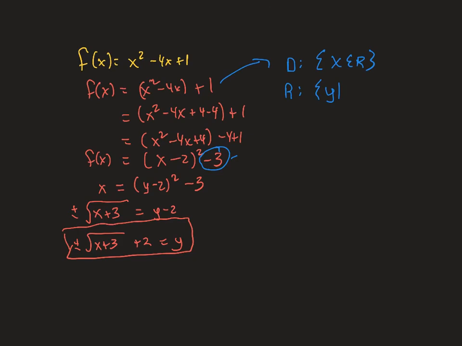So you know that it is facing upwards. So because it's facing upwards, you know that your y has to be greater than or equal to negative 3. For the inverse, on the other hand, they both have to switch. Domain has to be now such that x has to be greater than or equal to negative 3. And my range, well, now my range has to be everything.